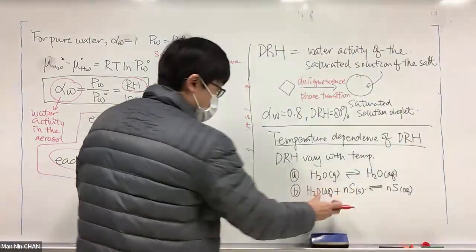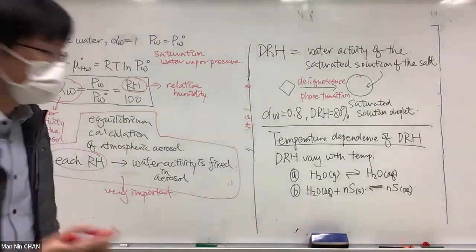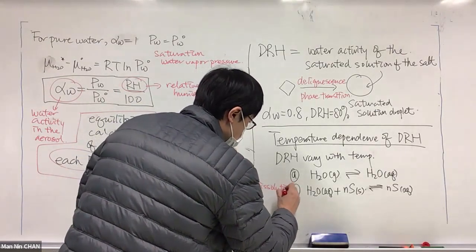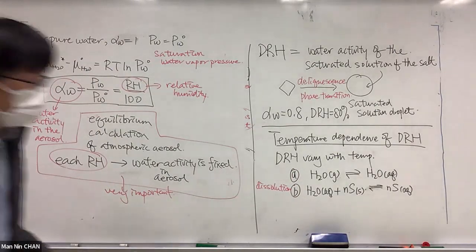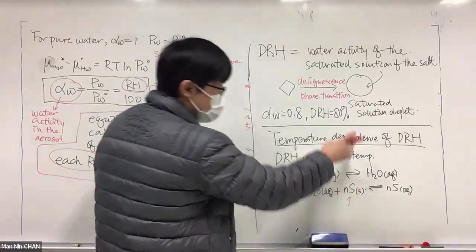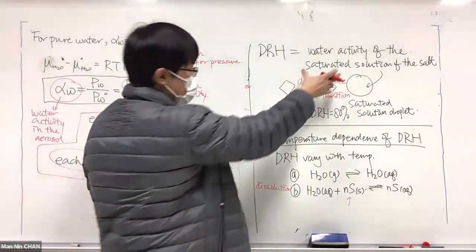So I think we know this process. You have some salt, you have some water, so basically it's just a dissolution process. You dissolve some salt. So this is a dissolution. And then S is your solid, and N is, because remember, when you have this DRH, you are looking at just a saturated solution.